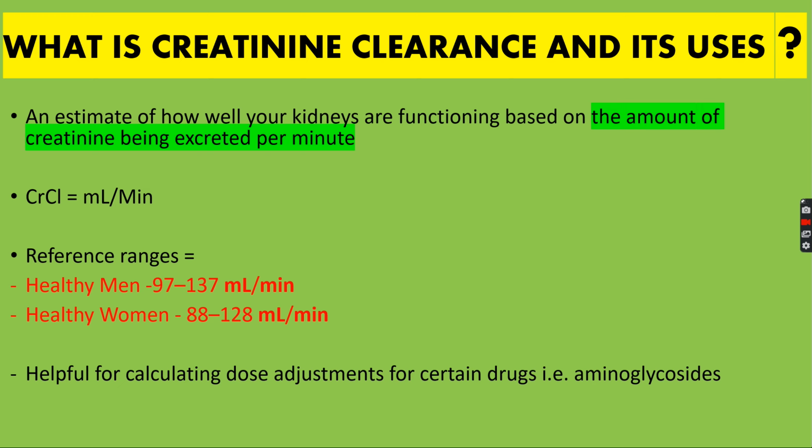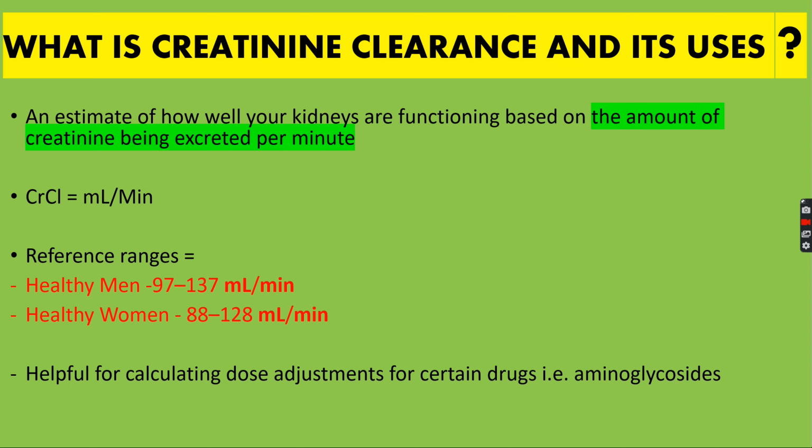As we explained before, all your creatinine is excreted via your kidneys. Therefore, if the levels aren't quite right when you've done the test with your creatinine, then it does reflect an issue with your kidneys.